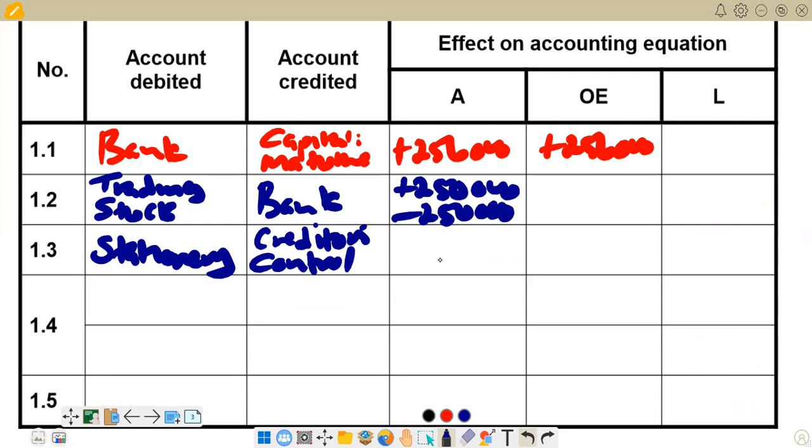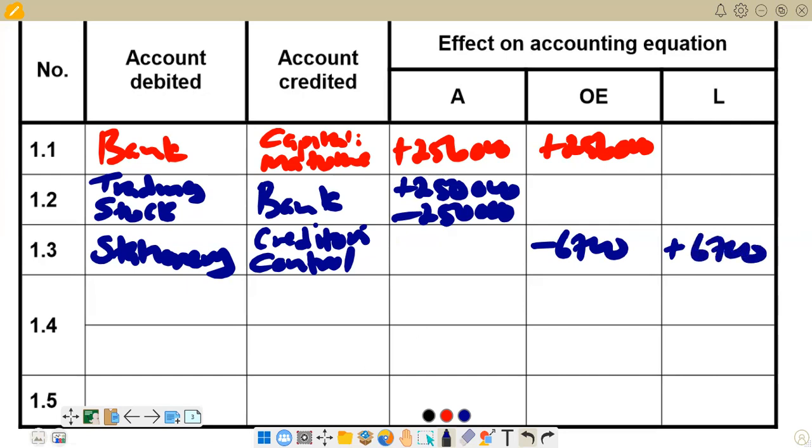And this one, we are saying it's a minus on the owner's equity part. So we've got a minus 6,700 and also a plus there on liabilities, 6,700.